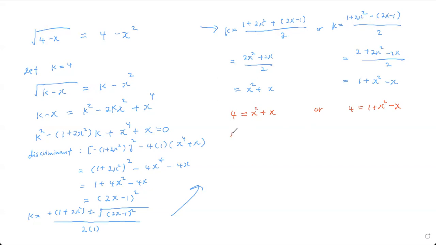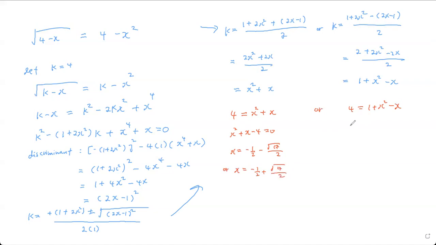Okay, so this is just a simple quadratic, which is quite easy to solve, right? Okay, we can use the quadratic formula here again. Okay, and then we should get x equals negative half minus square root 17 over 2, or x equals negative half plus square root 17 over 2.